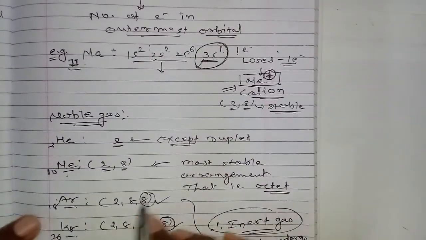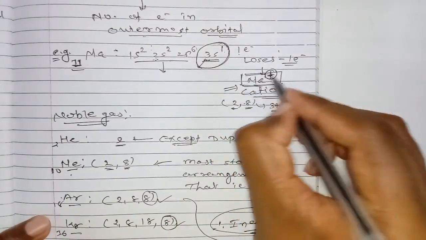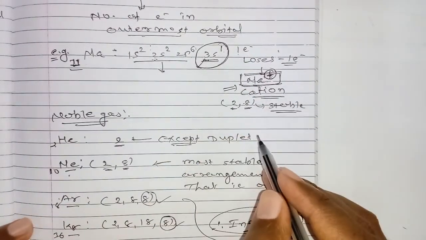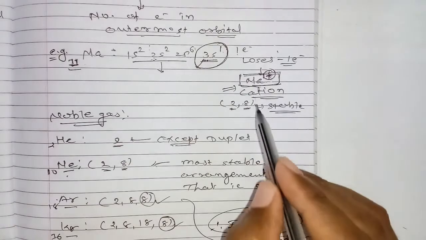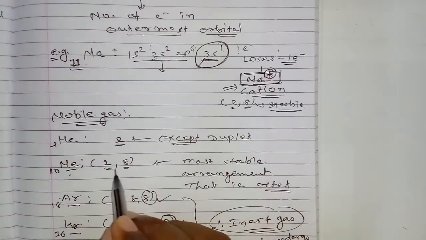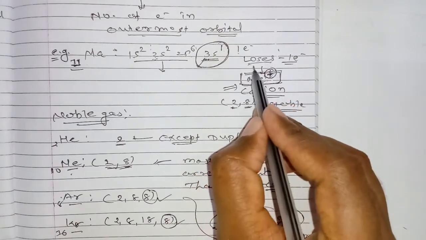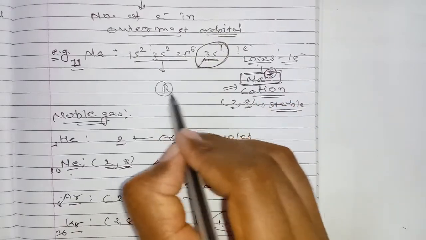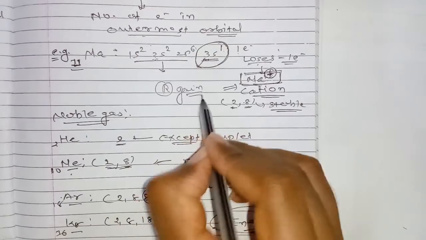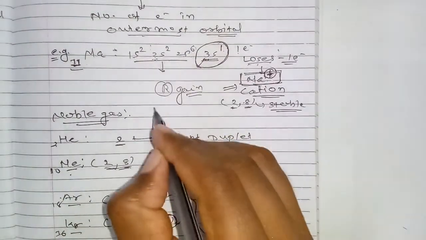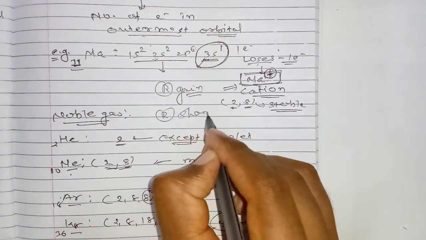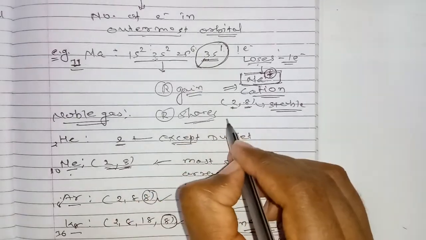So all the atoms of the elements, to complete their octets, lose or gain electrons or share electrons.